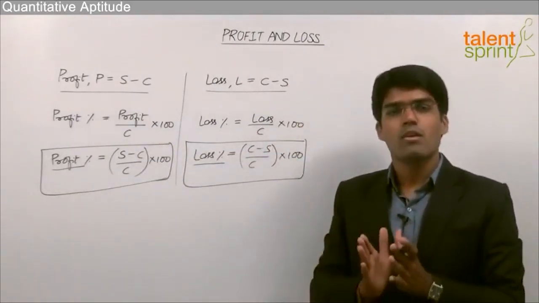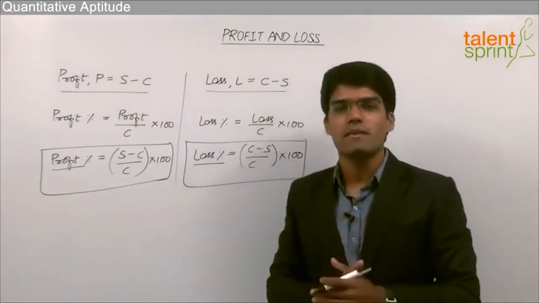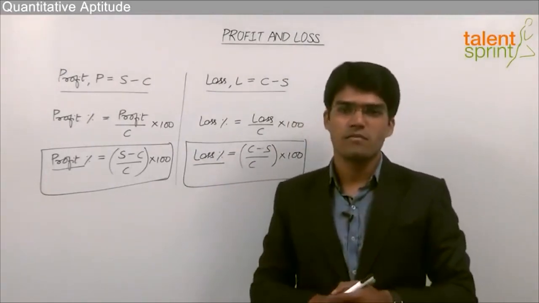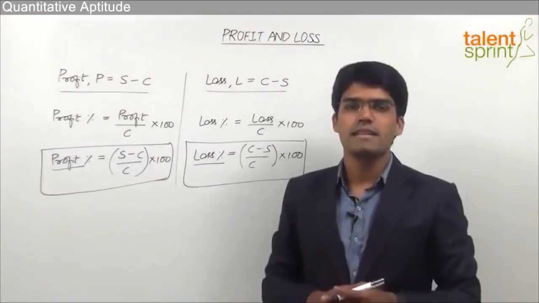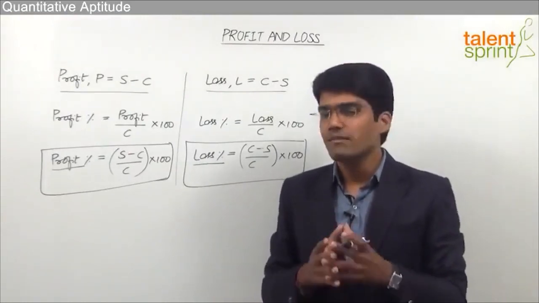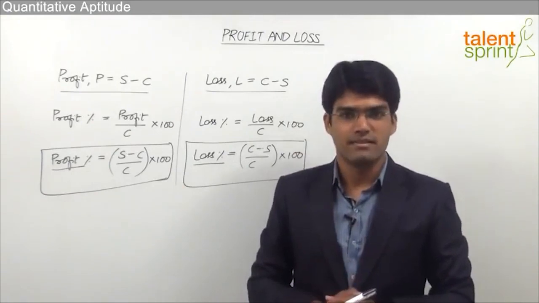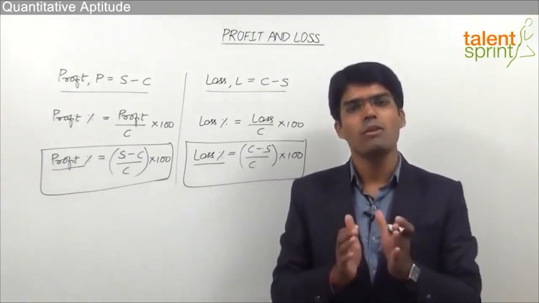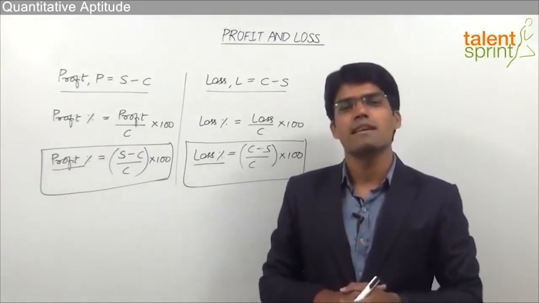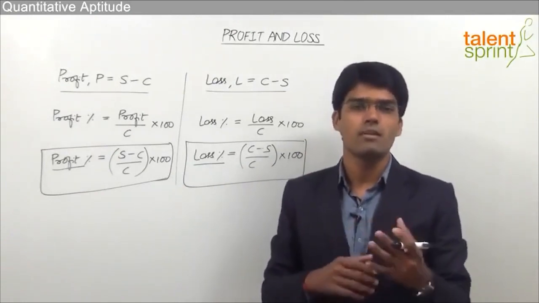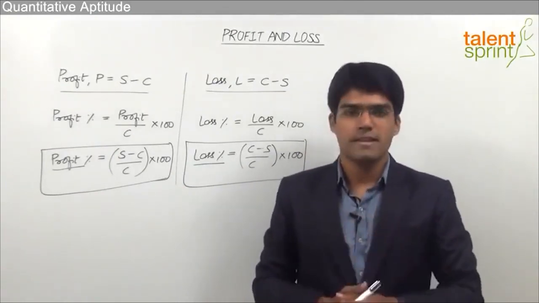So remember that cost price should always be taken as the base value whenever we are solving questions from profit and loss. And here when we say that cost price is base value, it means nothing but cost price should always be taken as 100%. So in any question that we solve, we can always start with cost price as 100% and accordingly we can find out profit and loss or selling price.